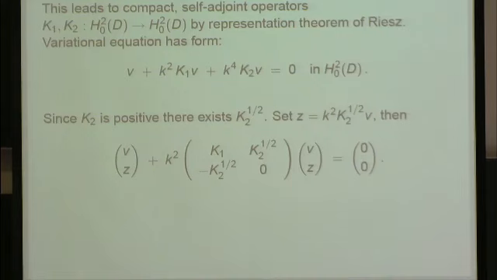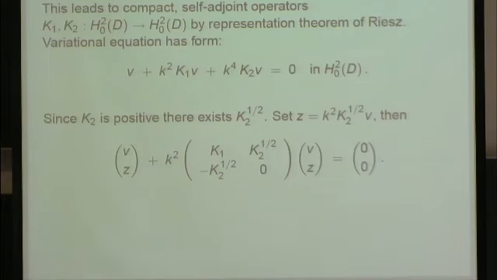I use a representation theorem of Riesz. If you have these bilinear forms, then you can transform them into operators in the Hilbert space. So K1 belongs to A1 and K2 belongs to A2. You then have self-adjoint operators, and this variational form takes you to this eigenvalue problem. If k squared is the eigenvalue, then it's a quadratic eigenvalue problem.